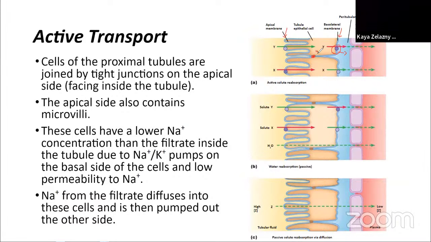So we could say low sodium. I realize that this is all just a different picture and different slide repeating the same thing that we talked about when we talked about water to this point. So low sodium here, high sodium here, means we draw the sodium into the cell and then we're actively pumping it across the basolateral membrane so that we can pull water alongside.